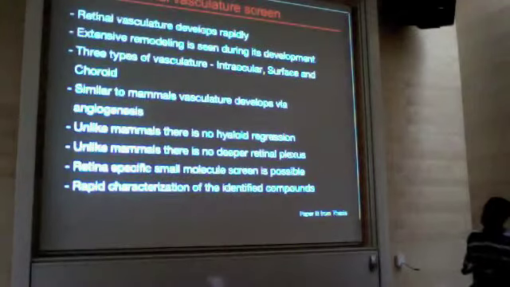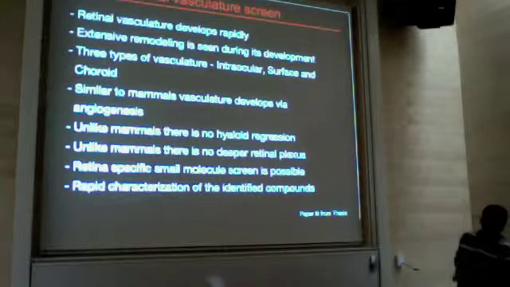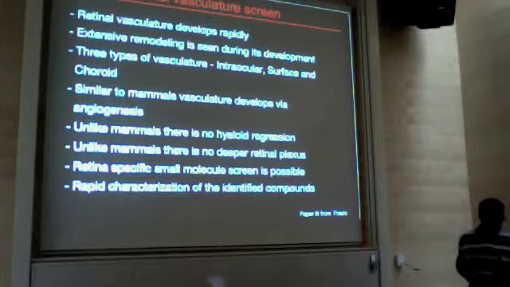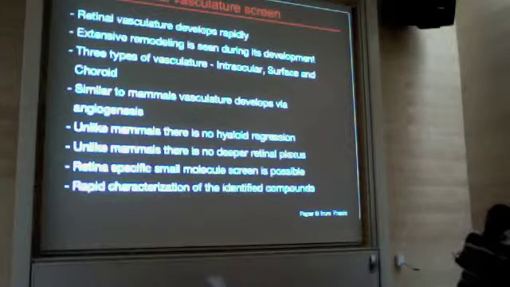So you can see in the second half of the presentation how retinal vasculature also develops rapidly, and in fact it begins even before the neurogenesis of the retina begins. You can also see how extensive remodeling happens during the retinal vasculature development. So in zebrafish, there are actually 3 different vasculatures: intraocular, surface, and choroidal.